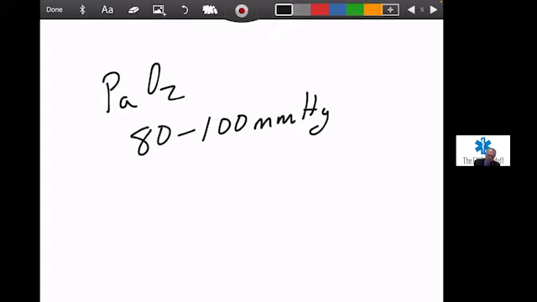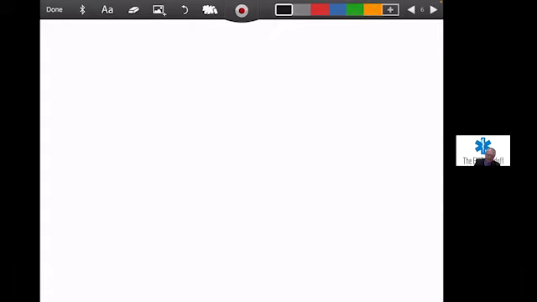The next thing we'll talk about just briefly, which we're not necessarily going to get from the ABG but from our patient assessment and the other tools that we have, is the SO2, or the oxygen saturation. That's measured in percentage, and that's the amount of oxygen in the blood that we normally expect. An actual pulse ox is not measuring the oxygen, it's just measuring the saturation of the hemoglobin.